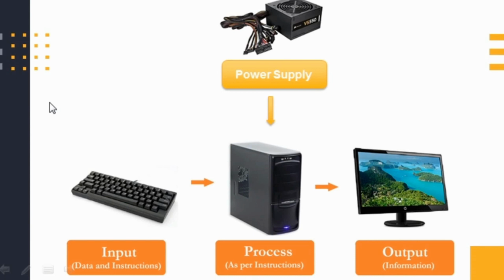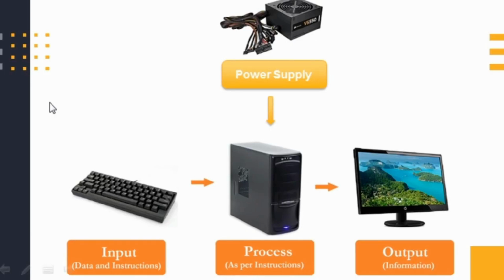For example, if I want to add two numbers, I can give them using the keyboard or mouse, and that information goes to the CPU, the Central Processing Unit, where the information gets processed. Once it has done the processing, we get the output through the monitor. The monitor finally reveals the output.